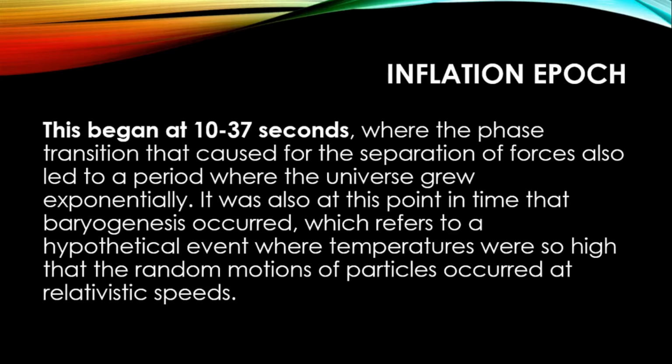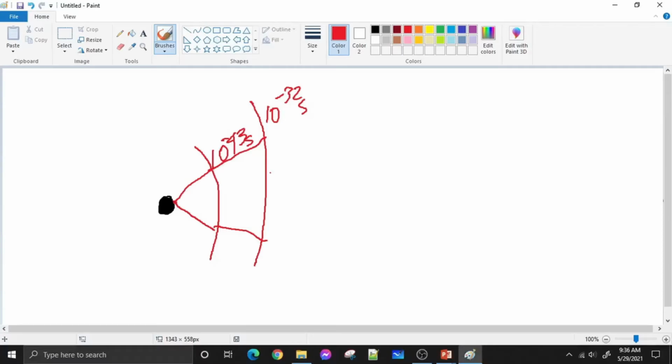It was also at this point in time that baryogenesis occurred, which refers to a hypothetical event where temperatures were so high that the random motions of particles occurred at relativistic speeds. So from negative 32 to negative 37. Let's expand more.